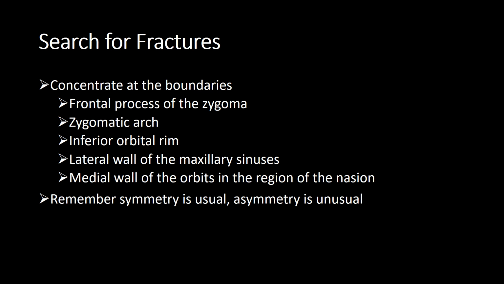So the frontal process of the zygoma, the zygomatic arch, the infraorbital rim, the lateral wall of the maxillary sinuses, medial wall of the orbits in the region of the nasion, and as ever, symmetry is usual, asymmetry is unusual. So if you have asymmetry, search carefully.